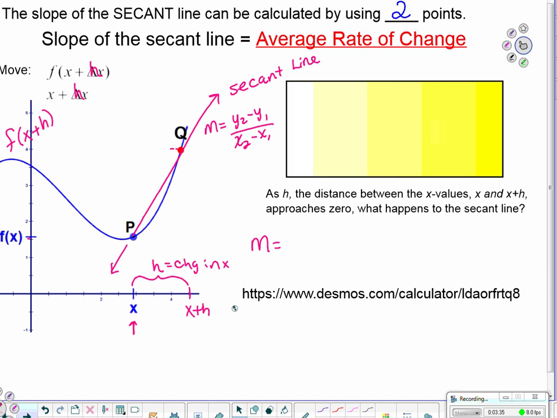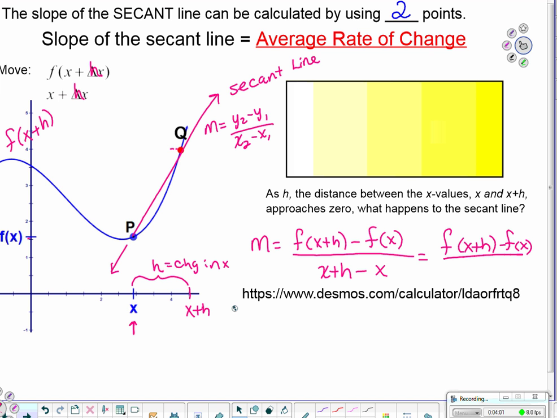I could have f of x plus h as my y2 minus f of x divided by x plus h, the difference of my x values. This would look like f of x plus h minus f of x. And on the bottom, x minus x goes away and it'll just be an h there.